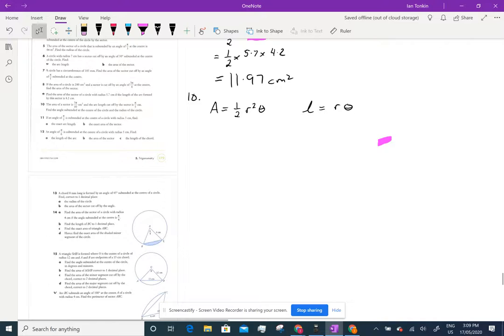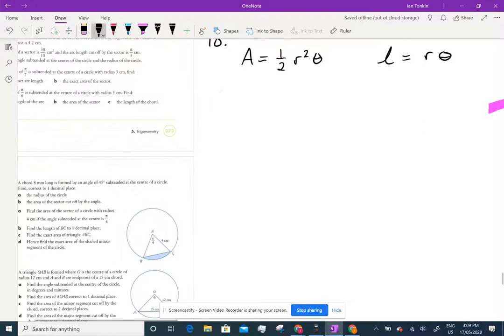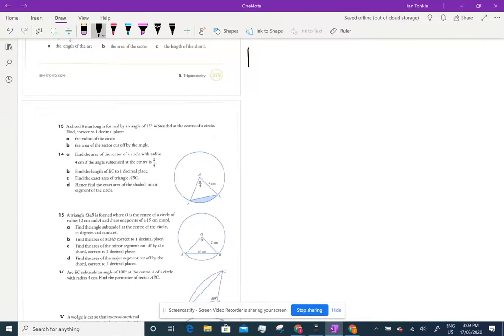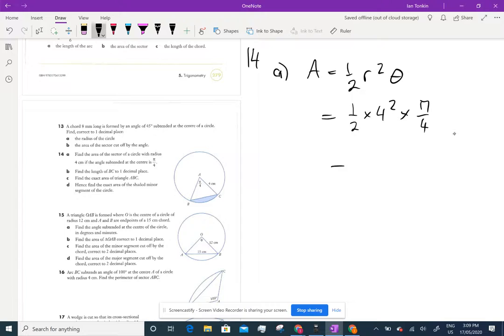Okay, so question 14, A. So find the area of the sector. Too easy. Area equals a half r squared theta. R is 4, so a half times 4 squared times pi on 4, which will give me a half of 2 pi.